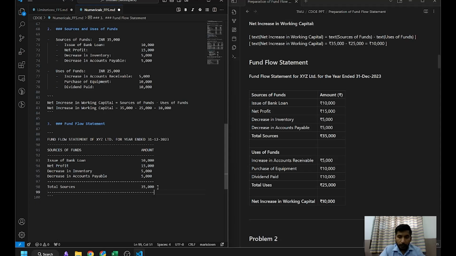Okay. Then comes the uses of funds, where these funds are used. Then is the increase in accounts receivable, purchase of equipment, dividend paid.